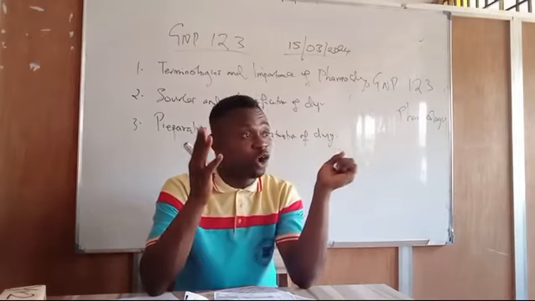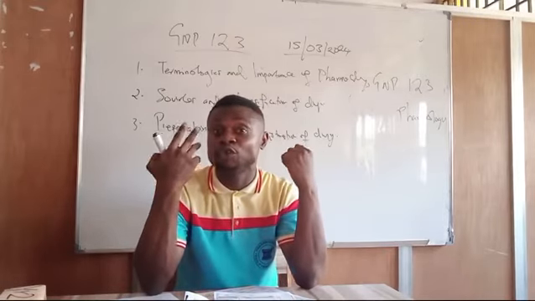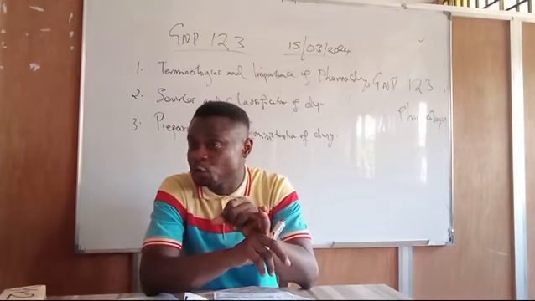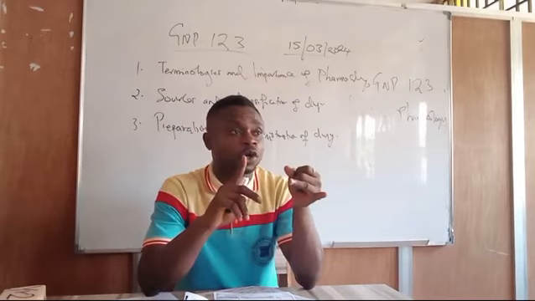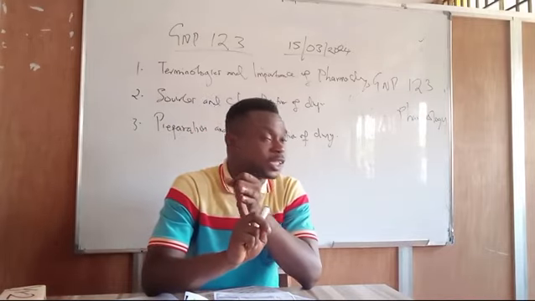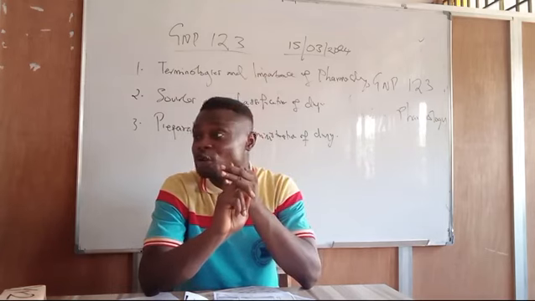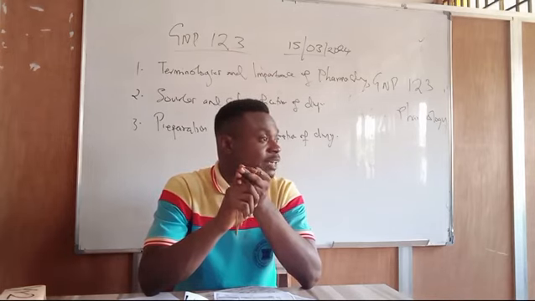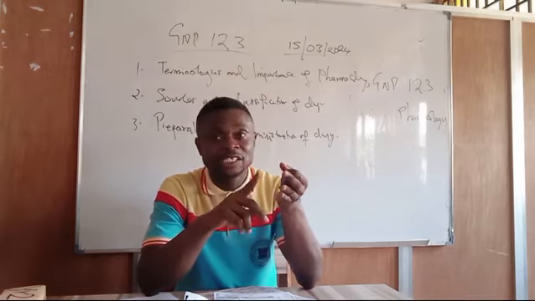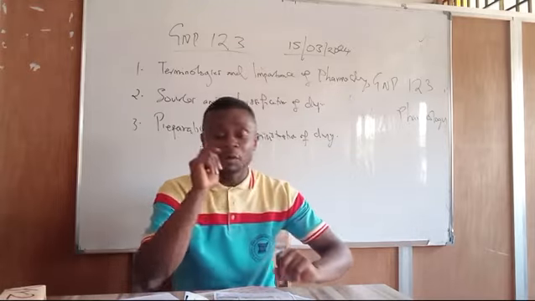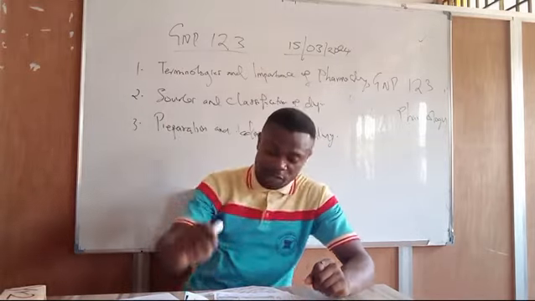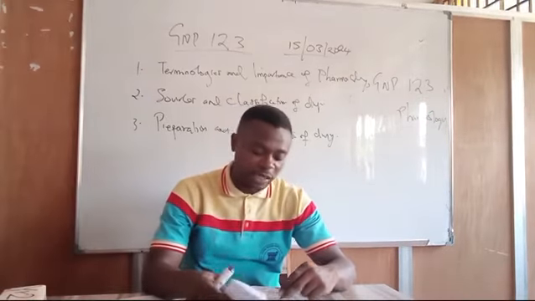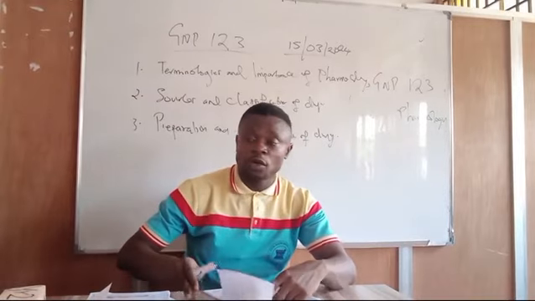We also look at drug nomenclature, the drug names, the three main names given to a drug. We have the chemical name, the generic name and the brand name. So these are what we are going to discuss under this first topic. When we go to the next one, we take it off from there.